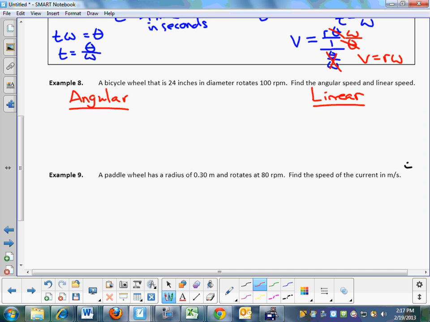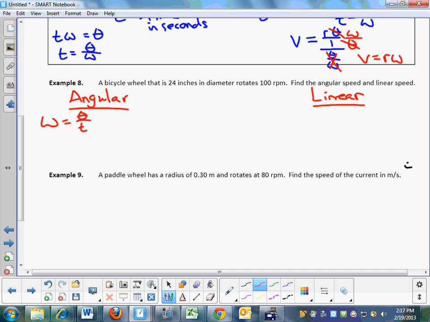Angular speed is omega equals theta over time. In this problem, what is theta? Any idea? What is one full rotation in radians? 2 pi. 2 pi is one full rotation.